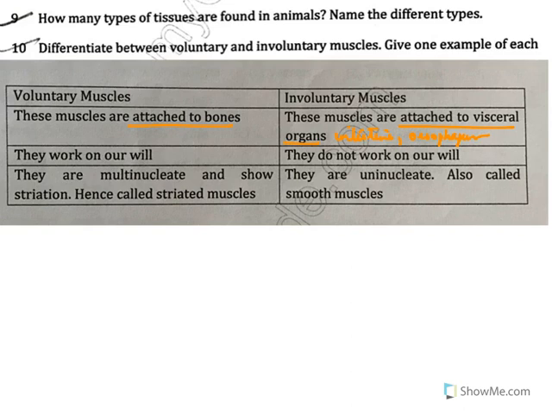The voluntary muscles work on our will, according to our will. Here we have no control over involuntary. They do not work on our will. Voluntary muscles are multinucleate and they show striations. Involuntary are uninucleate and they are smooth muscle. They do not show any striations.